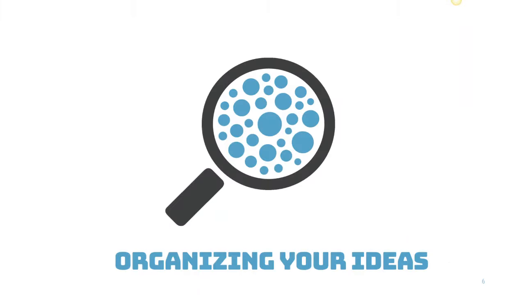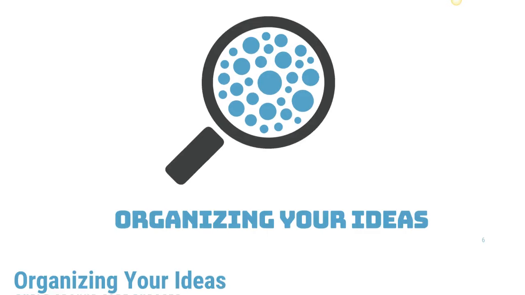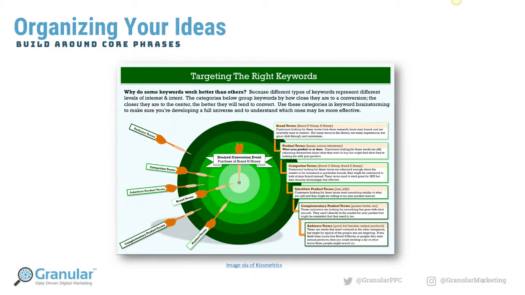So once you have all these ideas laid out there, you want to start organizing them because they're not always going to be prioritized the same. And you want to build around core phrases in terms of categories. So we know that some types of keywords are closer to your desired conversion event than others, and probably you're going to have a higher ROI and be more valuable to you.